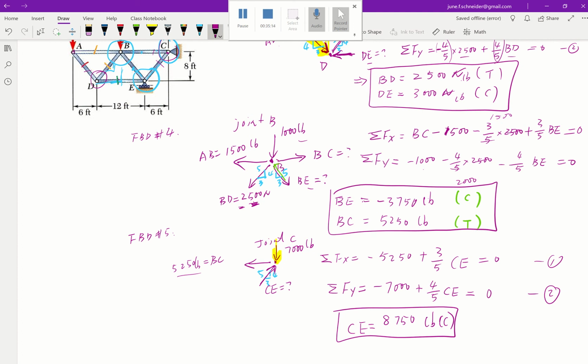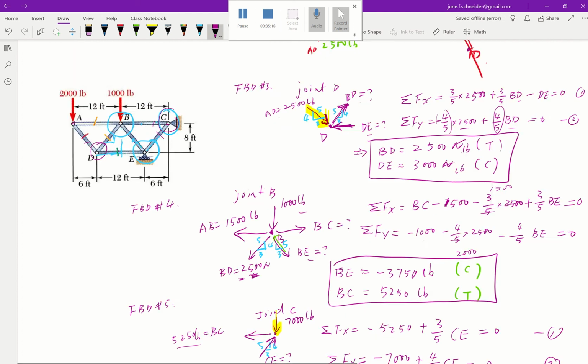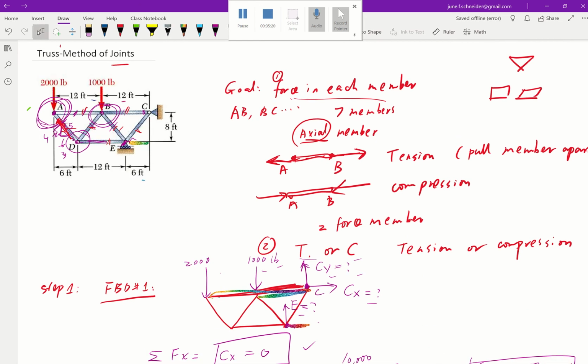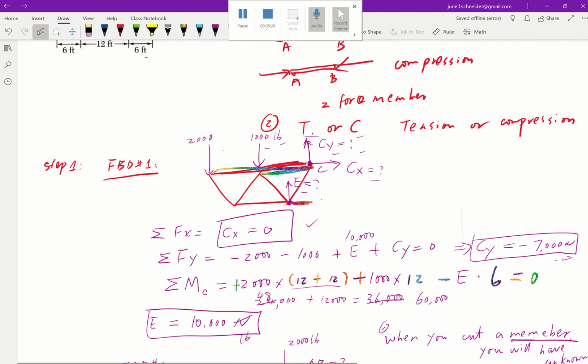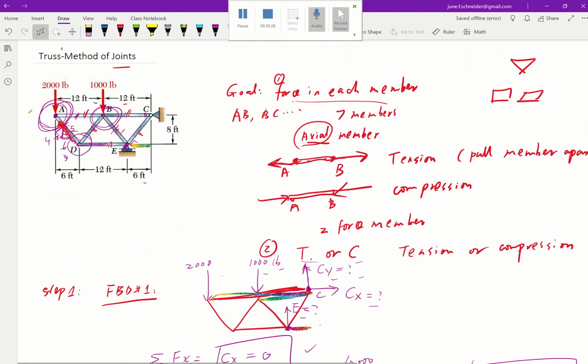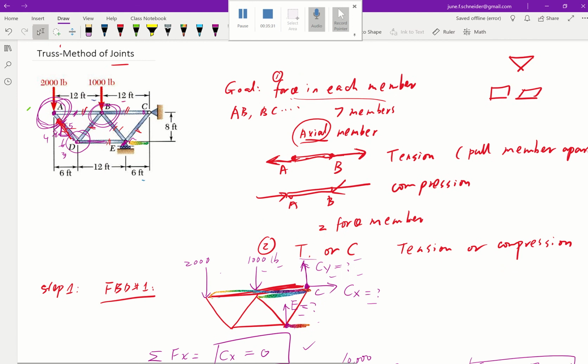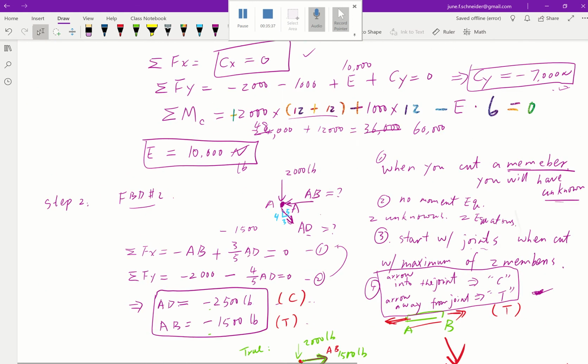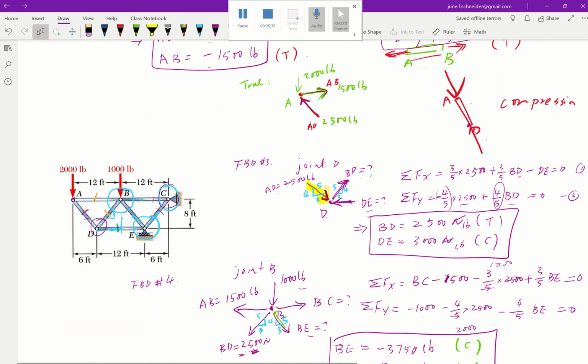All right. So far, we solved the truss problem. We solved this one, and we know our goal is finding the magnitude. We started with the entire FBD in step 1, find the reaction support. Then we look at individual joints and use those rules we have generated along the way.